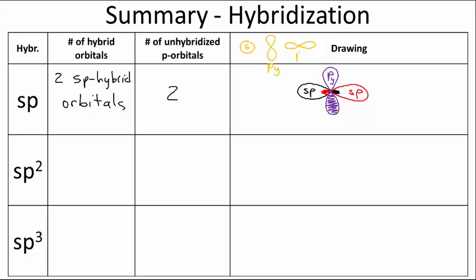Py, px, and then pz, which kind of goes into and out of the board. Those are the orbitals we start with. What we've done when we have sp hybridization is we've combined the s orbital with the px orbital. We've made these two new sp hybrid orbitals. The py orbital is left over, and the pz orbital is left over.